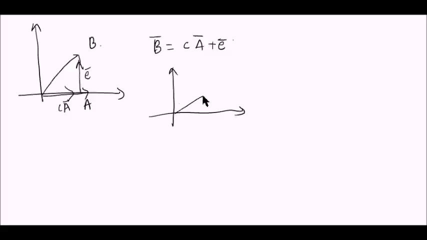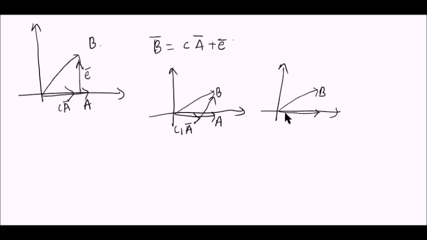So now this is the vector B. I want to represent this in terms of A. So I can represent something like this: C1 A, it will be till here, and the error vector can be something like this. Similarly, I have the vector B and A, and I want to represent something like C2 A and E2.